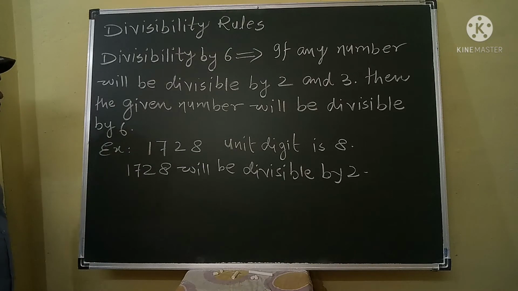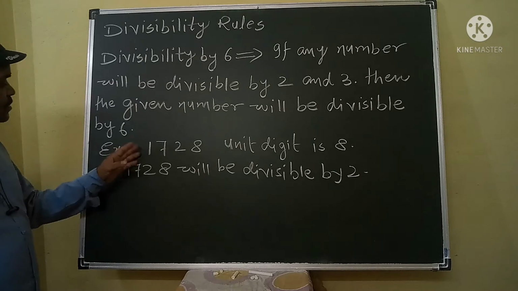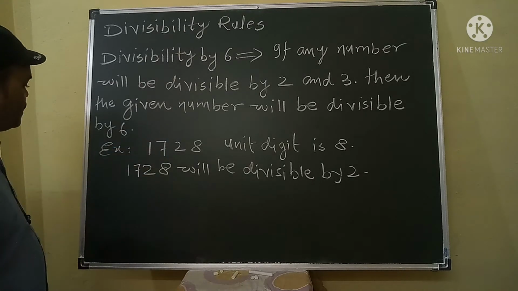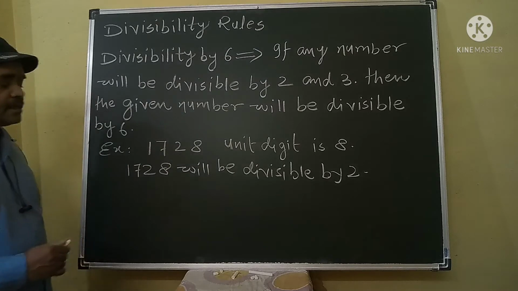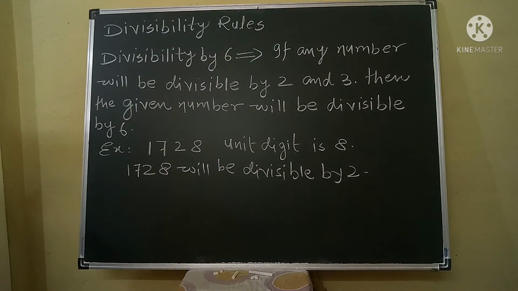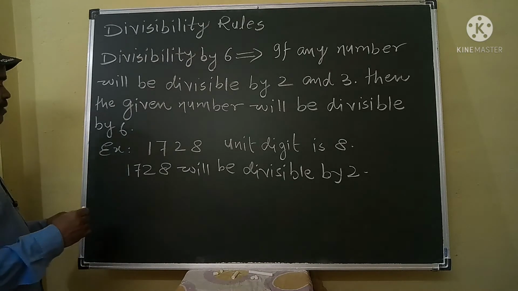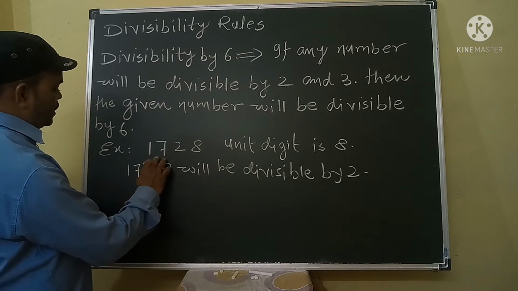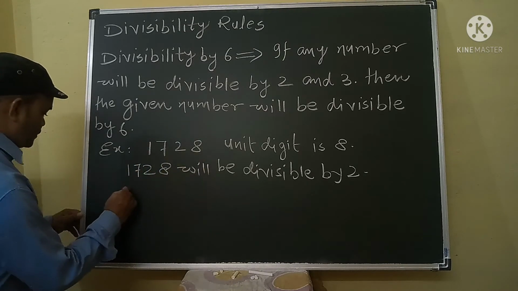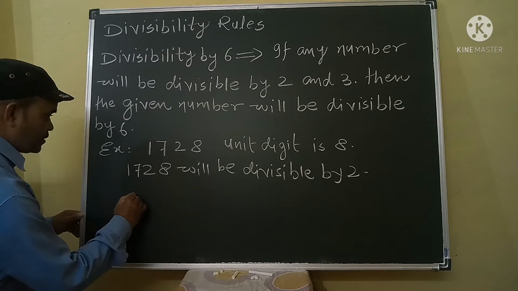So what is the rule for divisibility by 3? If the sum of the digits is divisible by 3, then the given number will be divisible by 3. So first we will add all the digits.